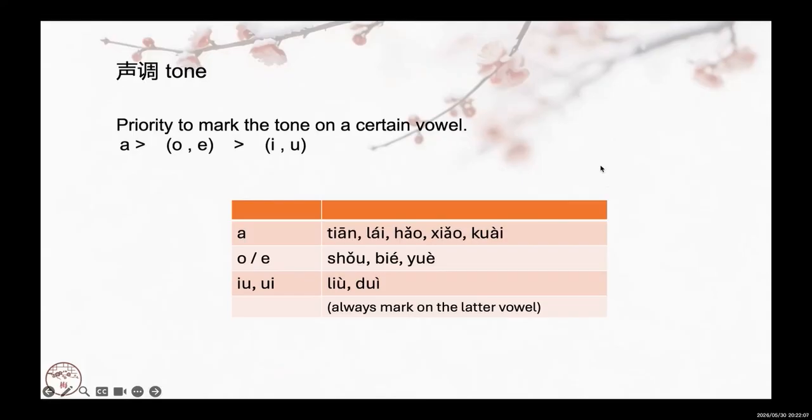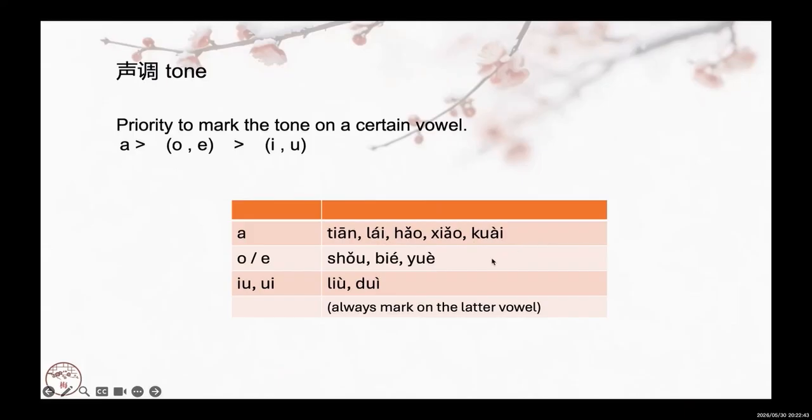So we have 10 vowels. Who has the highest priority? That's the vowel a. Whenever you see a in the syllable, we always mark the tone above a. So this is 天, 来, 好, 小, 快. See, the tones are all above a.